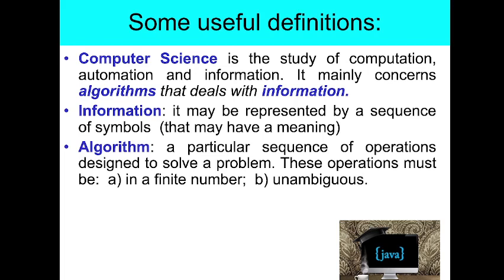No matter how complex an algorithm might be, it may be executed by a computer under two conditions. It must be composed of a finite number of steps, and each step must be unambiguous. For example, if you have the following problem, I must buy a present for my sister's birthday, this is not an algorithm that a computer may perform, because it is subjective.